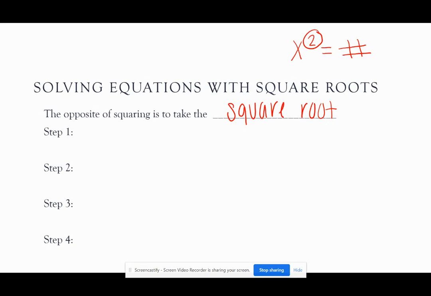There are kind of steps. I like to do a little bit of procedural. Step 1 is once you have your equation, you're going to place the radical symbol on both sides. So you're just going to place the square root symbol or the square root sign on both sides of the equation. And remember, the square root symbol is just the radical by itself.